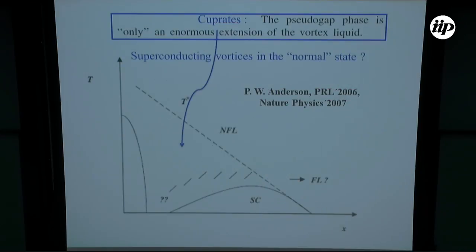Well, and what about all that? I just would like to ask questions. When we're discussing the pseudo-gap phase in cuprates, what are we talking about? We know that if you make the optimal doping, you go to a superconducting state. When you go away, you just lose superconductivity, and you have the pseudo-gap state in the underdoped regime.